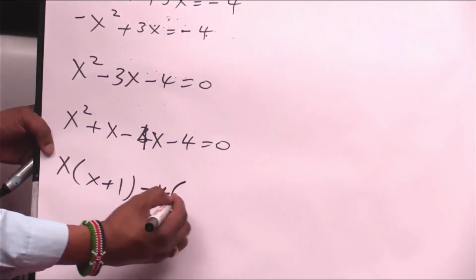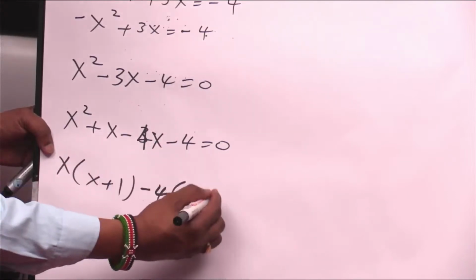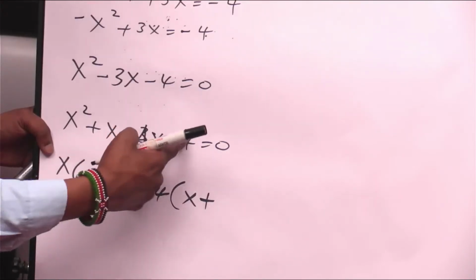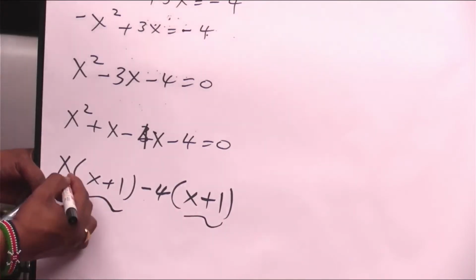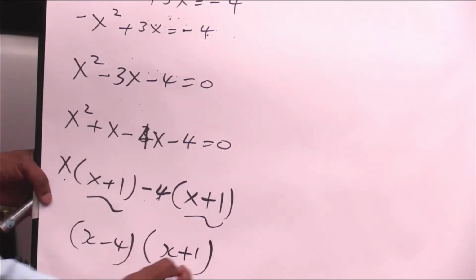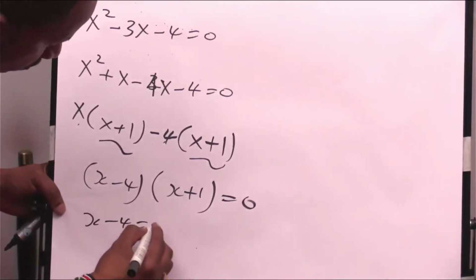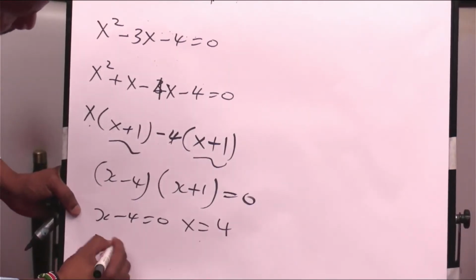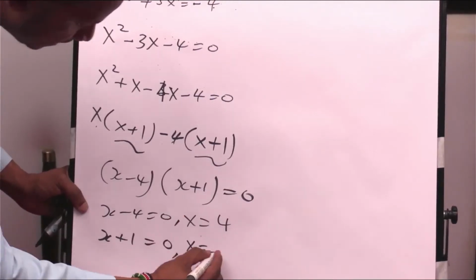It is 4. 4 into 4x, x times minus is plus. Then 4 into minus 4 is plus 1. So you can see these are common. Therefore, you collect these two: x minus 4 into x plus 1 equals 0. Therefore, x minus 4 equals 0, x equals 4. Then x plus 1 equals 0, x equals minus 1.